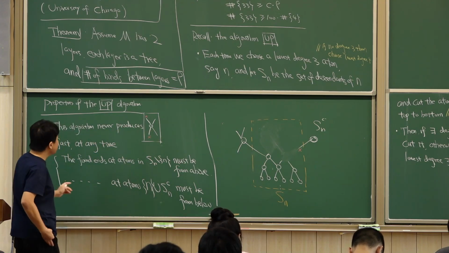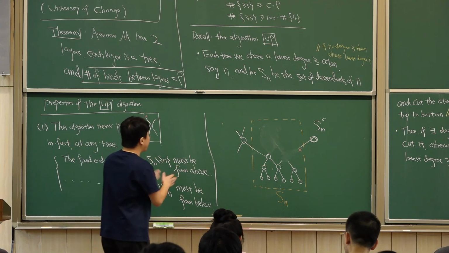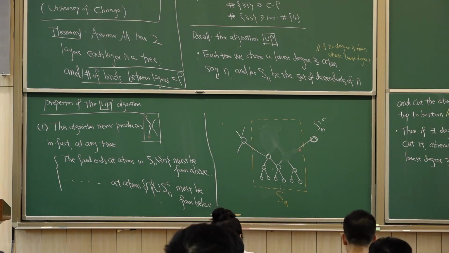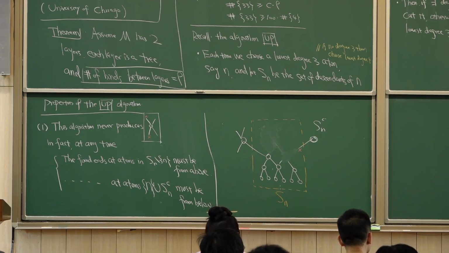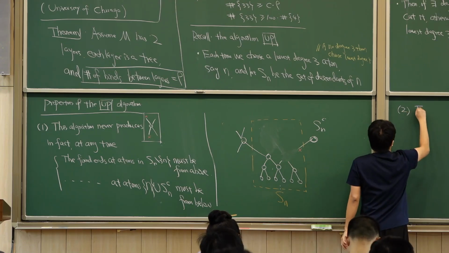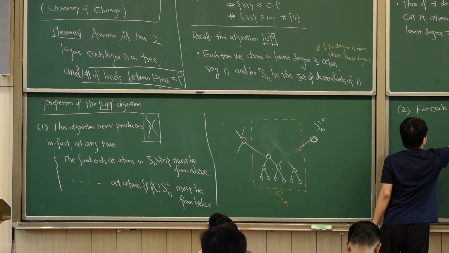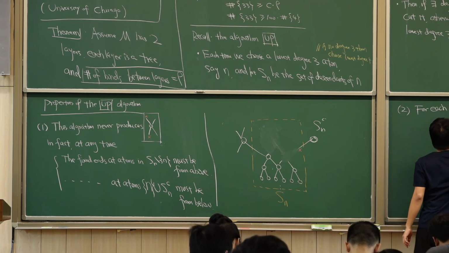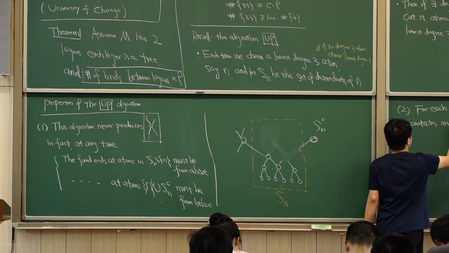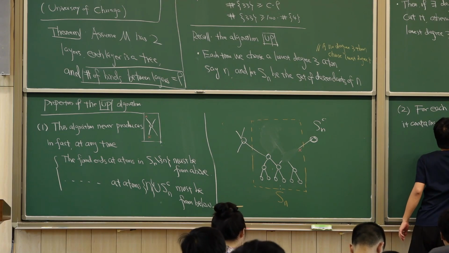And the second thing is easier, that it produces only 1 degree 4 component for each component of the original graph, which is, for each component of M, it contains 1 and only 1 degree 4.